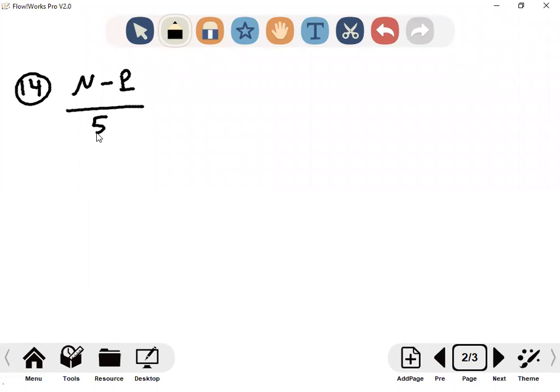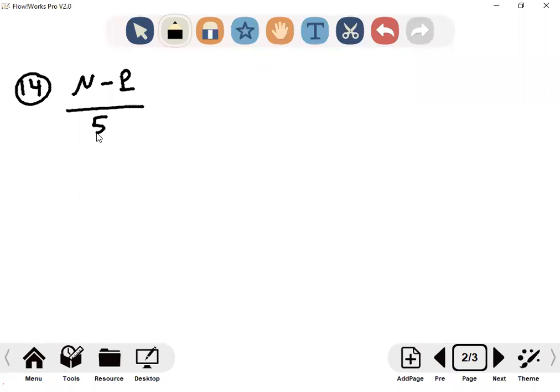The question said 5 years ago the population was 1600. Is this N or P? P, the previous. This year is 1250. This is what? N. So N is 1250 and P is 1600.